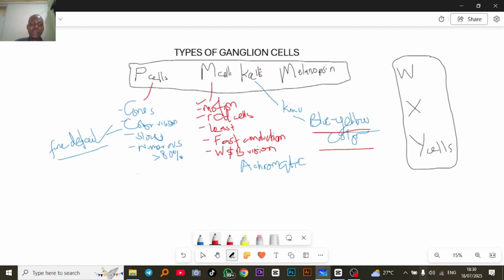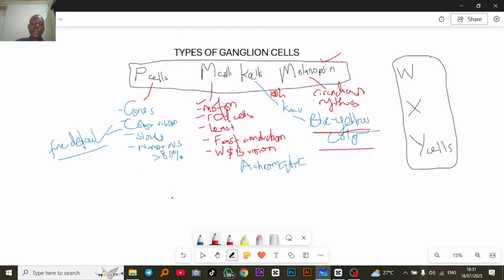Those are the K cells, and they contribute about 10% of the total. Then melanopsin is another type of ganglion cells. These are just concerned with the circadian rhythms, those are the cycles, like the sleep-wake cycles. That is the melanopsin.